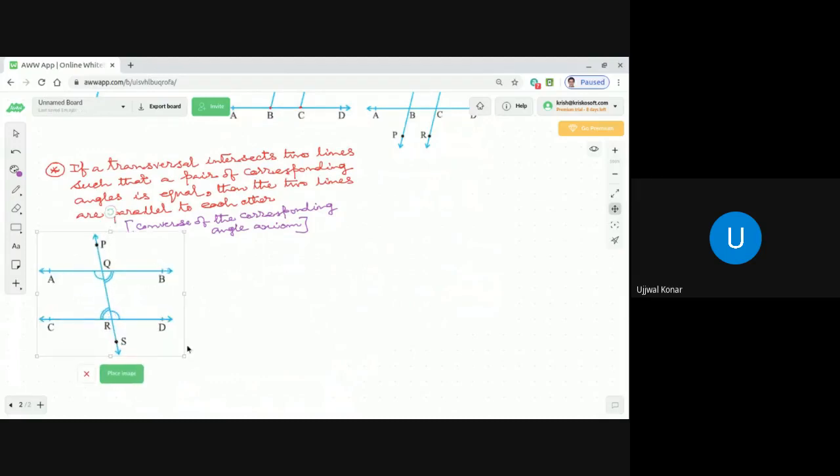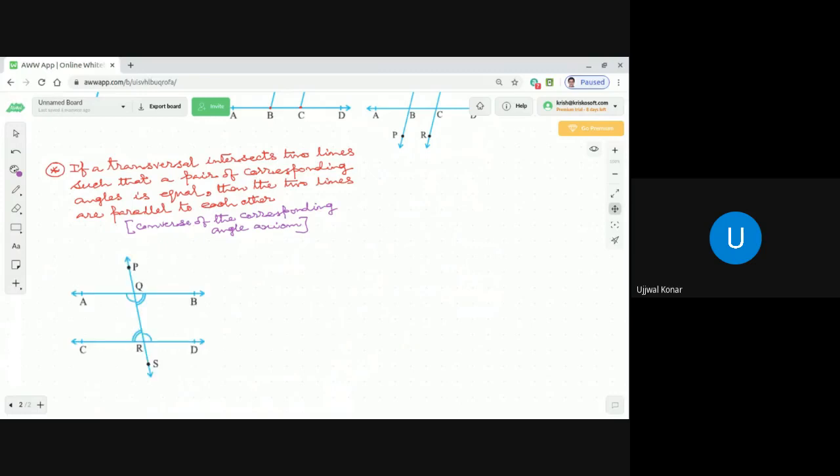If you see, dear students, in this adjoining diagram, the two straight lines AB and CD are parallel, and PS is a transversal. The transversal PS intersects the parallel lines AB and CD at two points, Q and R respectively. One is the point Q and another is the point R. Correct, dear students?